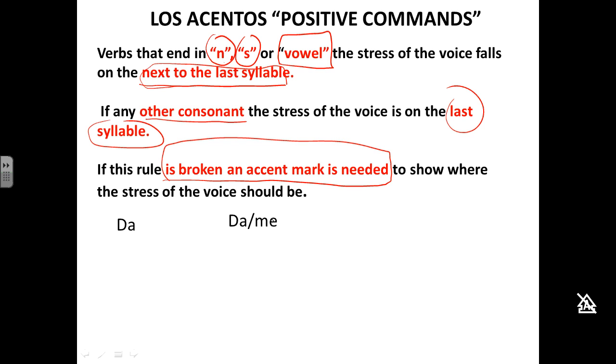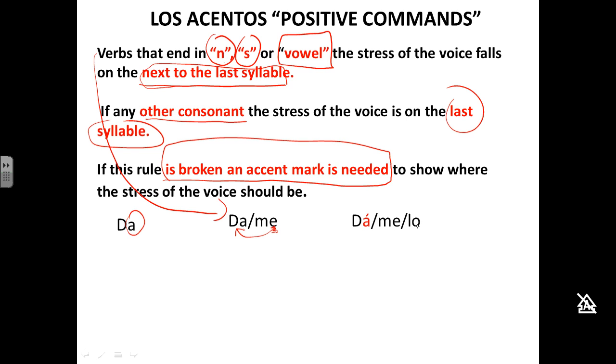You look at this because you're adding another syllable, so where do you stress your voice? Well, it says right up on top, if it ends in N, S, or a vowel, the stress of the voice is on the next to the last syllable, which it is, because it was originally on that. Once you add a pronoun, it doesn't mean the stress of the voice changes. It does not. But let's see what happens if you add two of them.